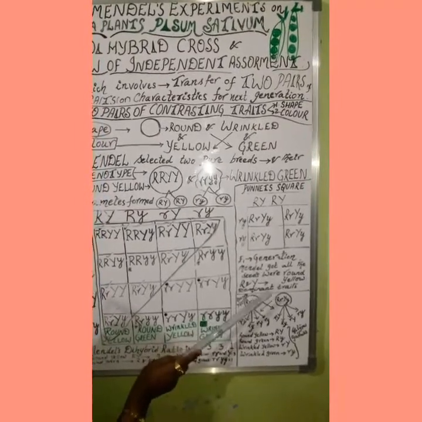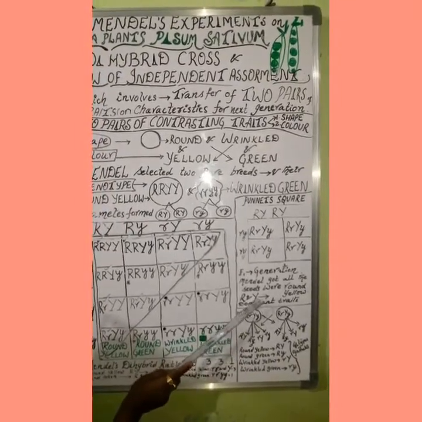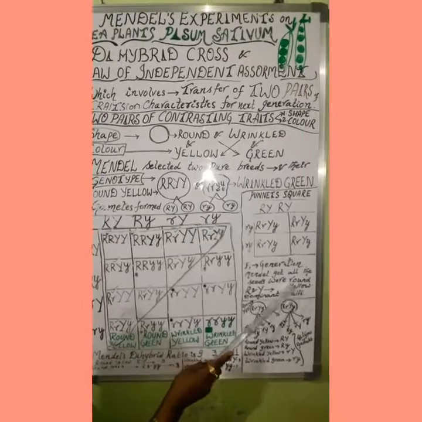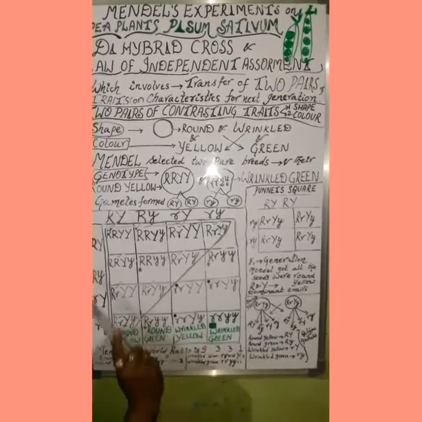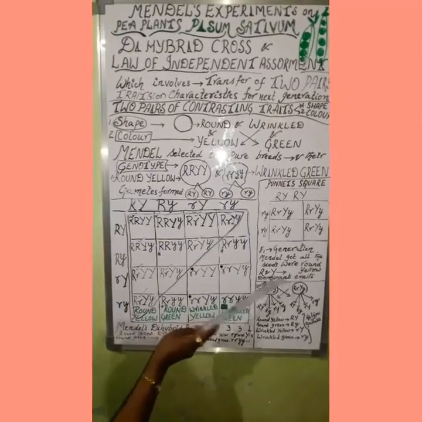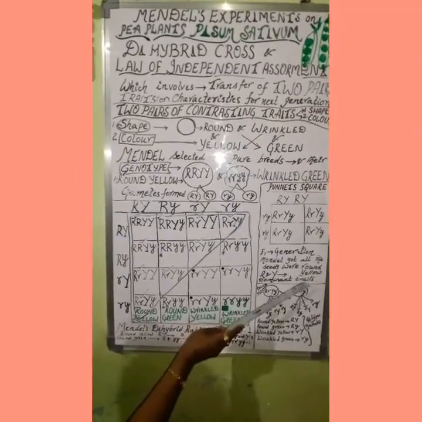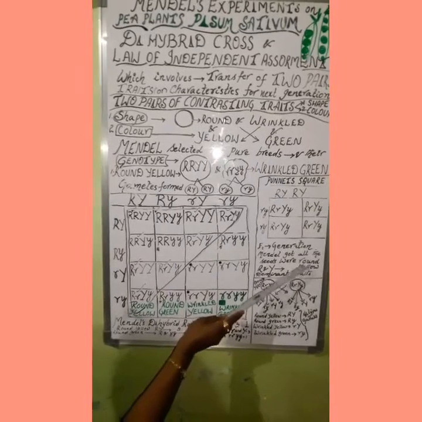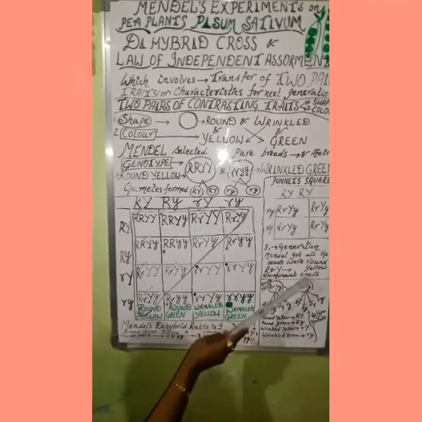Hence, in the first filial generation, Mendel got all the plants with round yellow seeds, but there were no wrinkled green seeds at all.